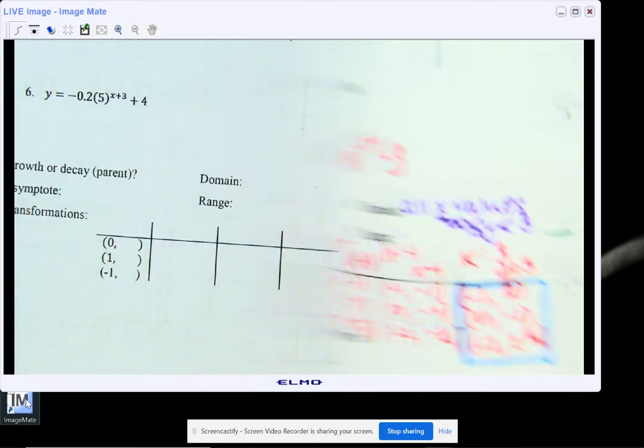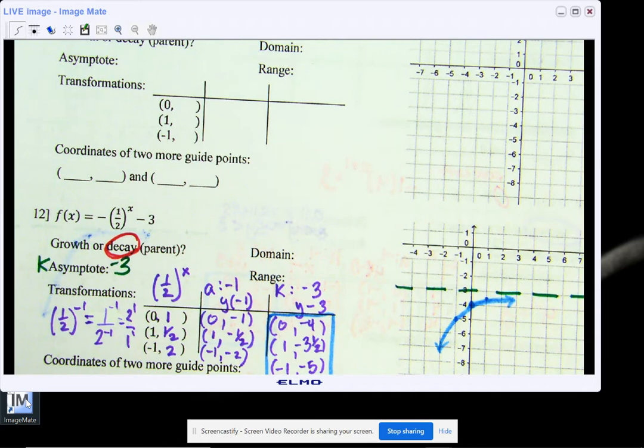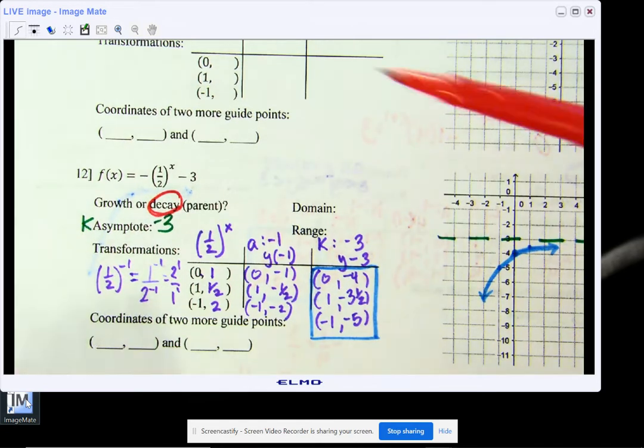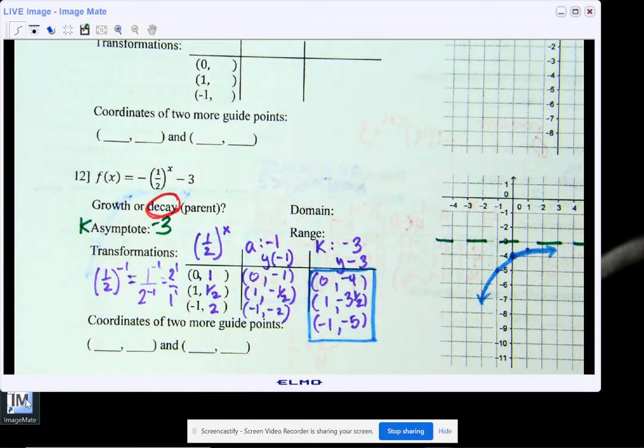If you look at your graph for 7 that we did on Friday, it was a growth, and our parent function had a base that was 2. So what you're going to notice is when the base of your parent function is a fraction between 0 and 1, you're going to get a decay. When your parent function base is 1 or higher, you get a growth.